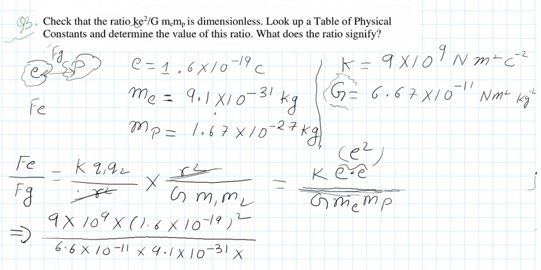Mass of a proton is 1.67 into 10 the power minus 27. Now this will roughly equal 2.3 into 10 the power 39.